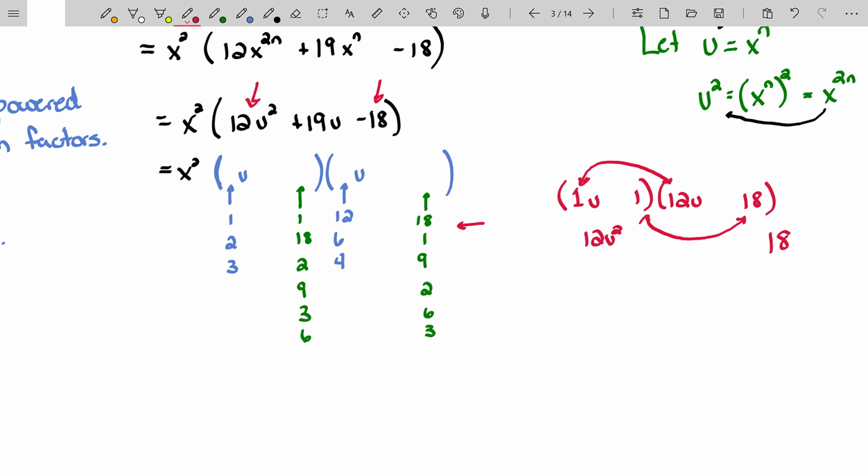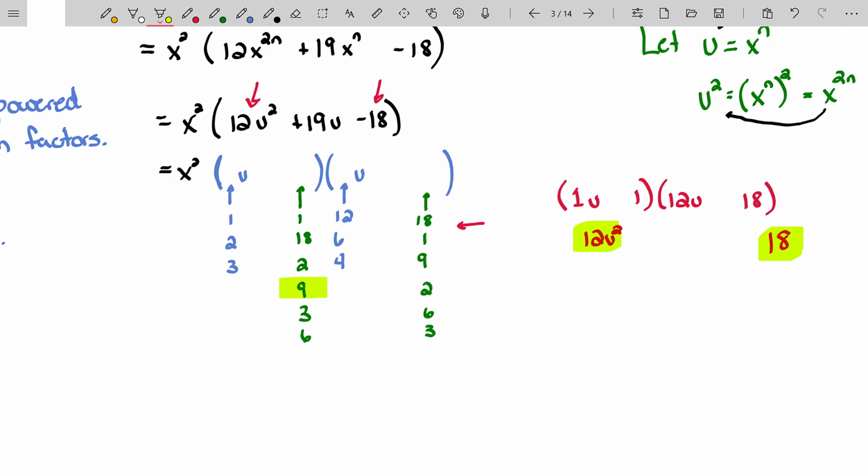Maybe I should point at that one. But now we need to look at the inners and outers. That's what I call it, the inners and outers. So just to let you know, by design, the firsts and lasts will always be the 12 and the 18. 1 times 12, well, that's always 12. 2 times 6, that's always 12. 3 times 4, that's always 12.